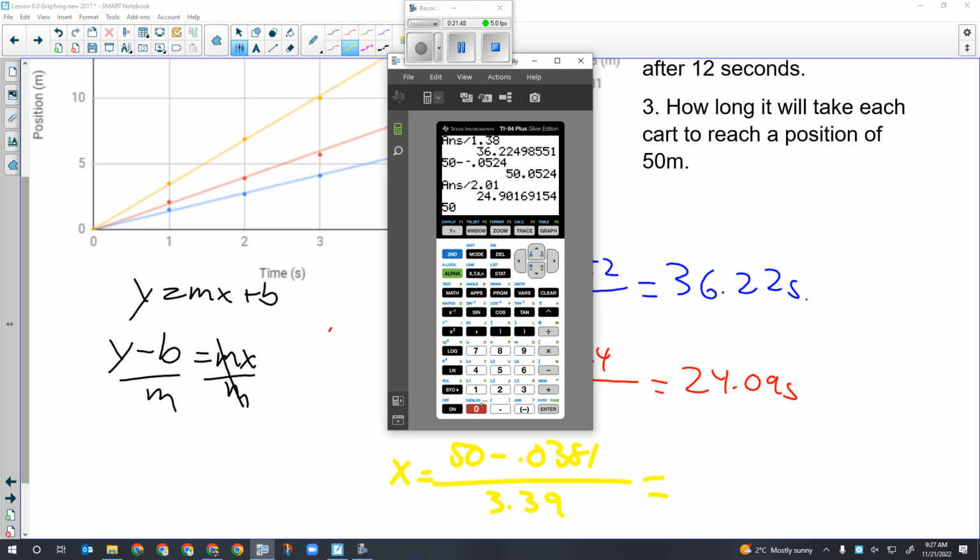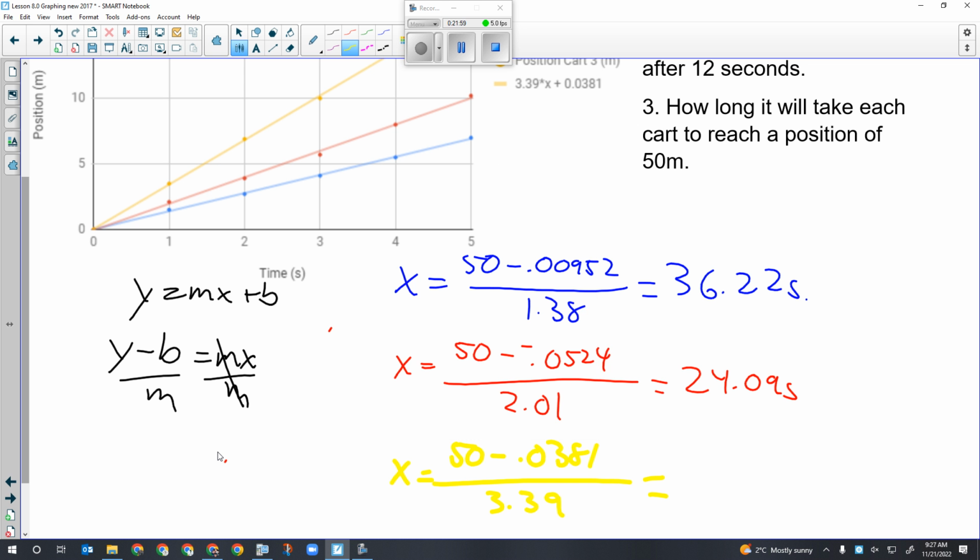And so 50 minus 0.0381 divided by 3.39 gives 14.74. Okay, that is exactly what we're going to be doing with our lab tomorrow. All right, questions on any of those?